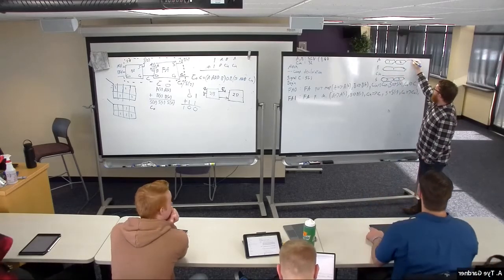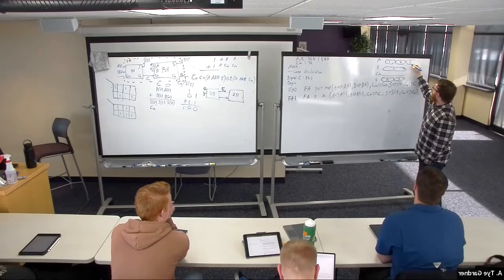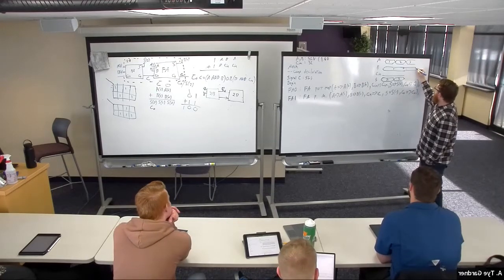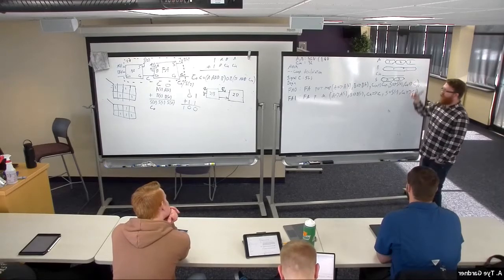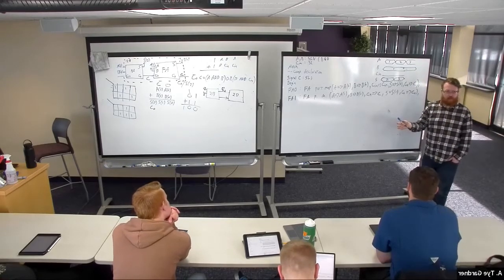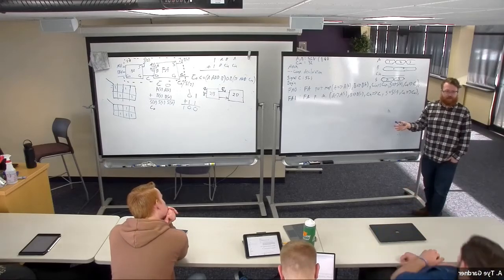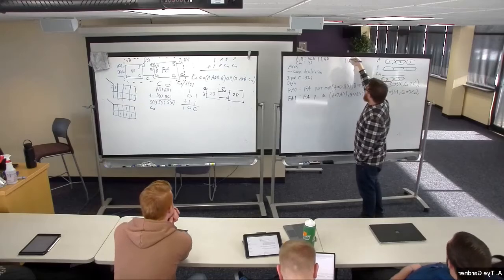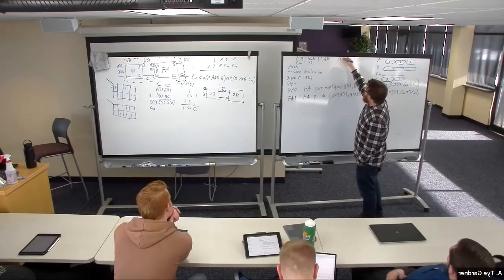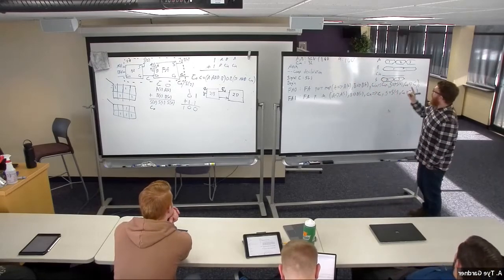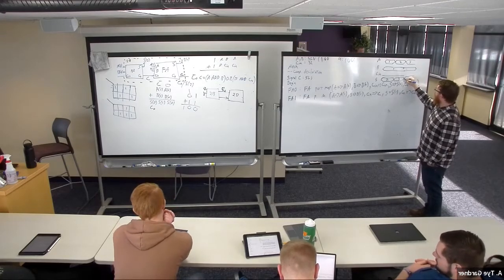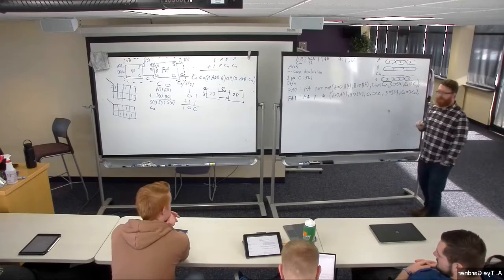If this then becomes 3, and this stays 1, well, now I have 3 plus 1, which is 4, which is too big to be represented in 2 bits. So 4 is represented as 1, 0, 0, right? That's 4. So my sum here becomes 0.